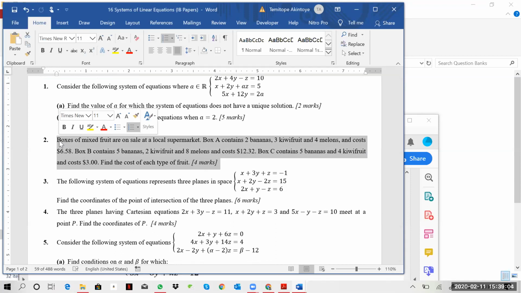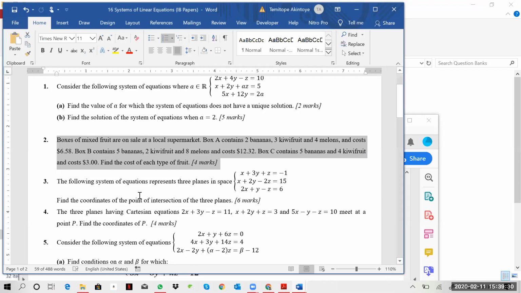But for any exercise we're doing currently, I want you to only focus on the row operation technique because that's what we are learning, all right? But in the standard exam, you are free to use whatever method comes to your mind first. One of the work I will ask you to do is to attempt the elimination and substitution, so that if you are not able to do it, we will do it together next time.